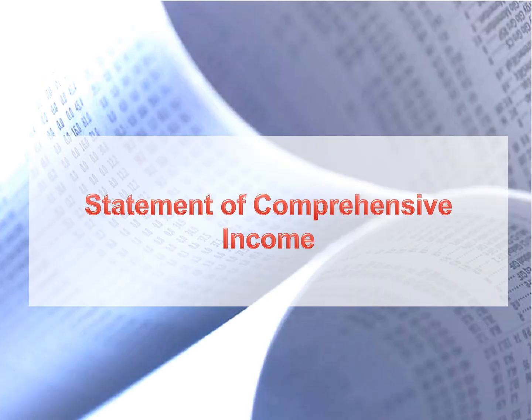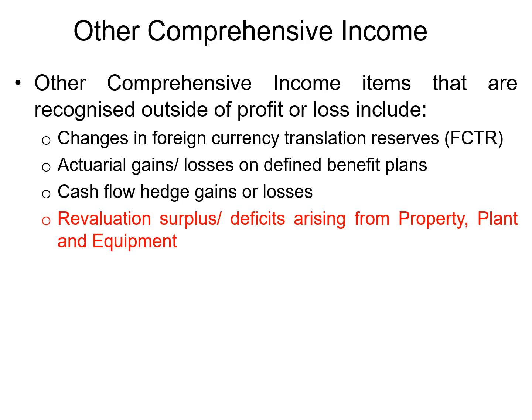Moving on to the statement of comprehensive income. You'll recall that the statement of comprehensive income, specifically the other comprehensive income section of that document, included only 3 items previously that were recognized outside of profit or loss.